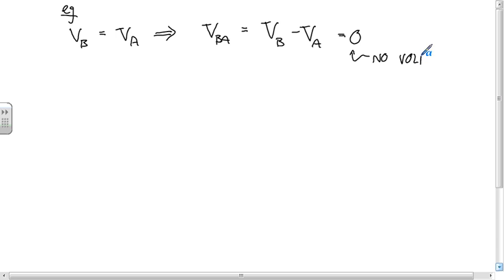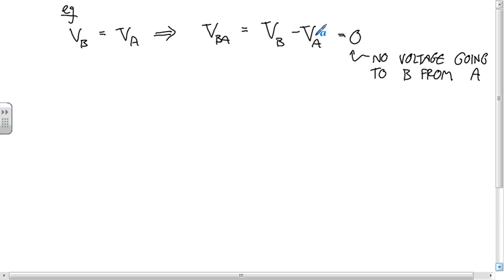So there's no voltage going to B from A. If you wanted to calculate the voltage going to A from B, you'd have VAB is equal to VA minus VB.